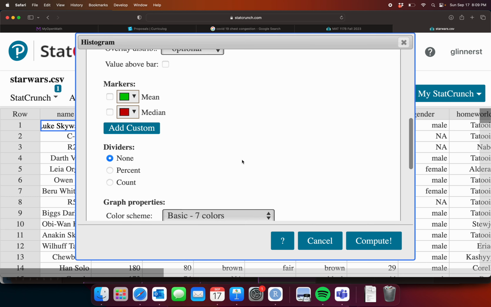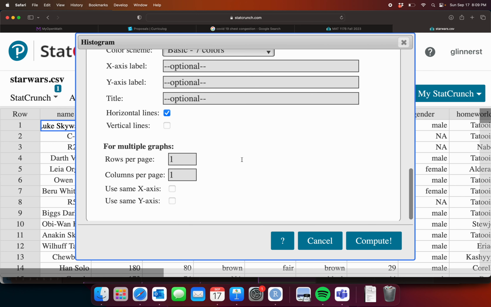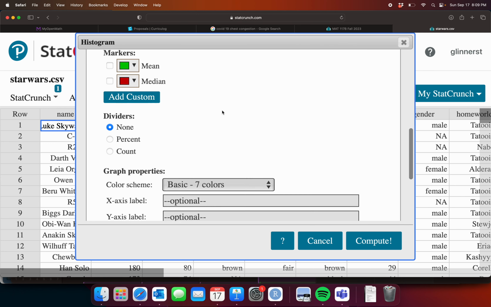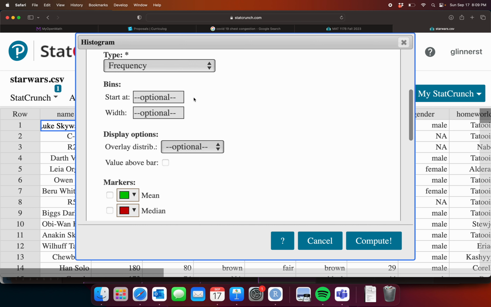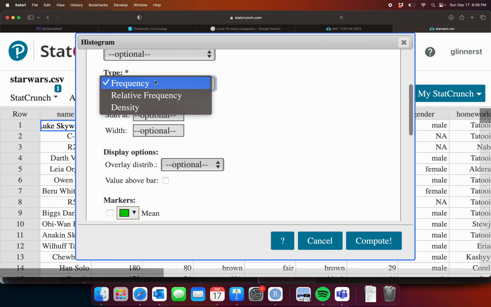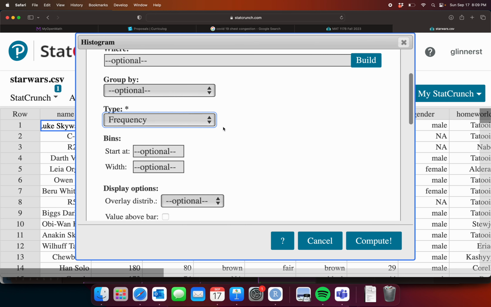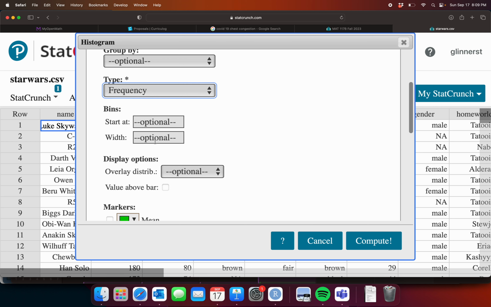Down here, if we look far enough through these options, there might be a way for us. So bins, start at, and width. There's a few different types here, but we could, if we wanted to, though I'm not going to at the moment, add where we want our bins to start at and the width of the bin to get a better picture.